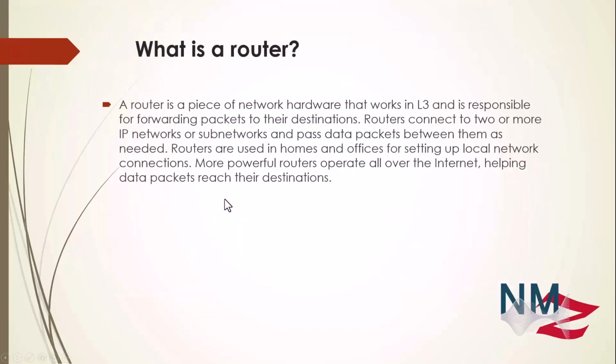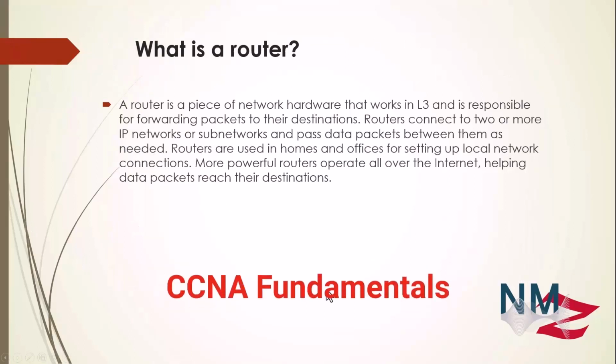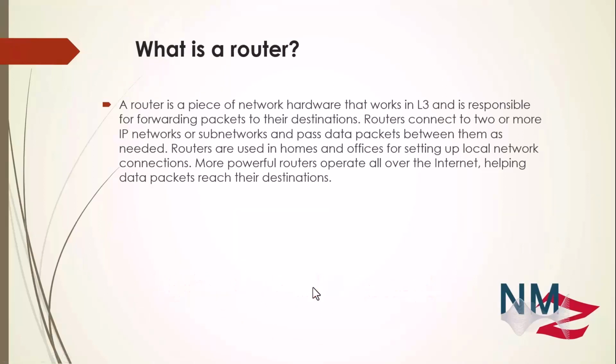What is a router? I just have a brief here, but there is a complete video, whose name is down here and you can also find in the comments. It speaks about the different types of network devices, and of course routers. But in brief, a router is a piece of network hardware that works in layer 3.